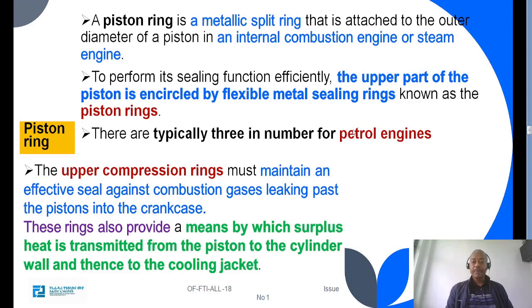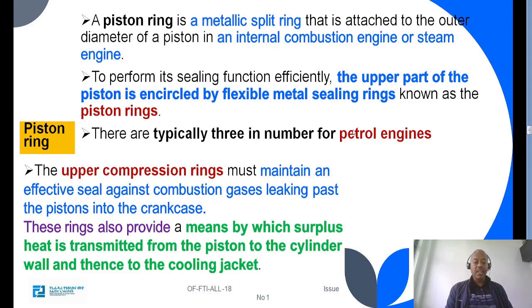Piston ring. A piston ring is a metallic split ring that is attached to the outer diameter of a piston in an internal combustion engine or a steam engine. To perform its sealing function efficiently, the upper part of the piston is encircled by flexible metal sealing rings known as piston rings.